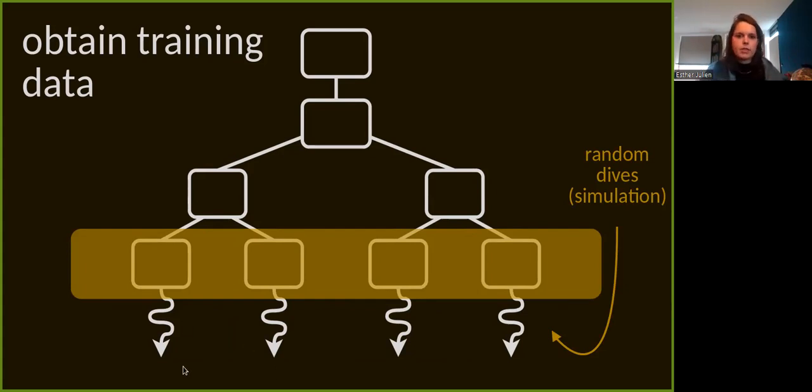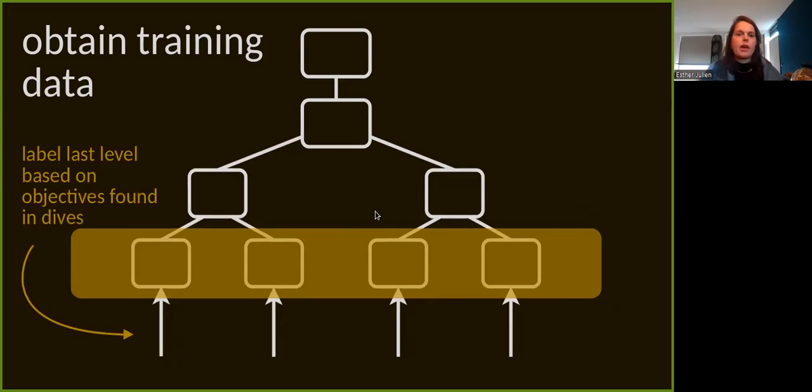And how we do this is with random dives, like a simulation, and then gather all of the objective values that we have encountered, and then look at which ones were better or worse. And this determines the probability of success of these nodes. And then how we continue is we backpropagate these probabilities to the root of the tree. And this is our way of labeling the nodes.